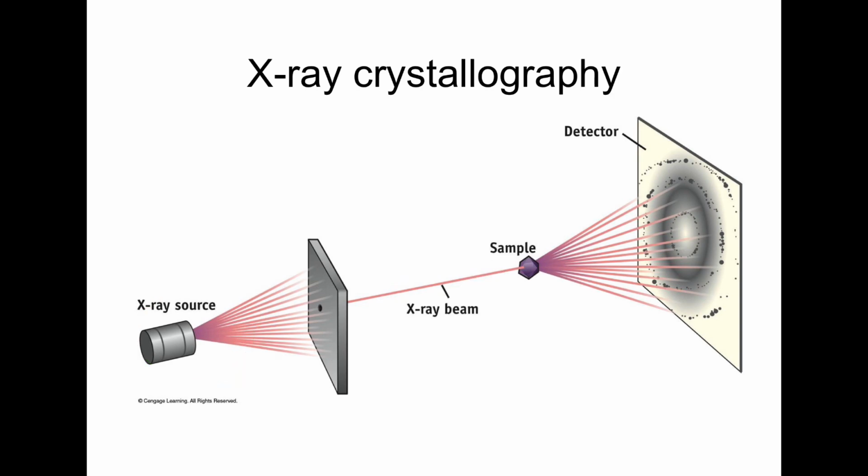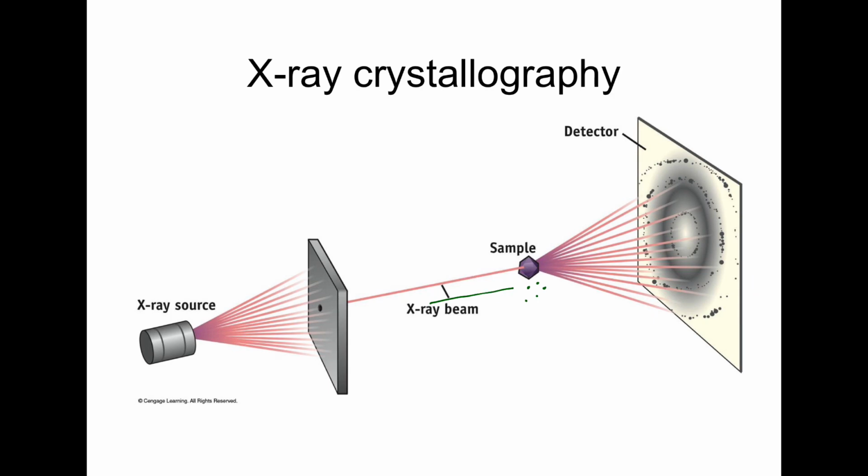Then they shine that X-ray beam on a crystal sample, and these samples are usually pretty small. Depending on the spacing between the atoms in that crystal, the X-ray is going to be reflected in different directions. So you get this interesting spot pattern, and you can use photographic film to collect that.